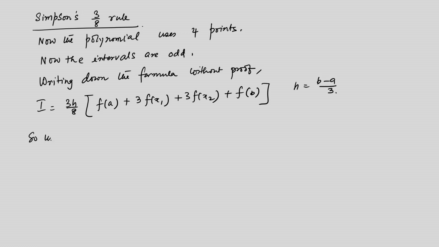So, the error is actually slightly less. The error is E Simpson's, in brackets 3 by 8, and it is really the truncation error.